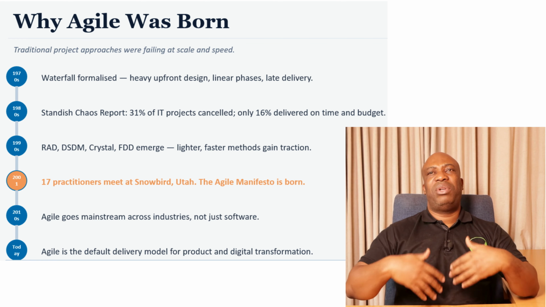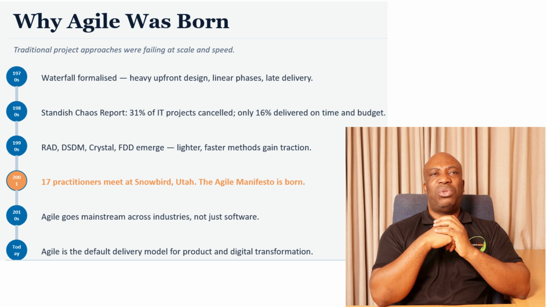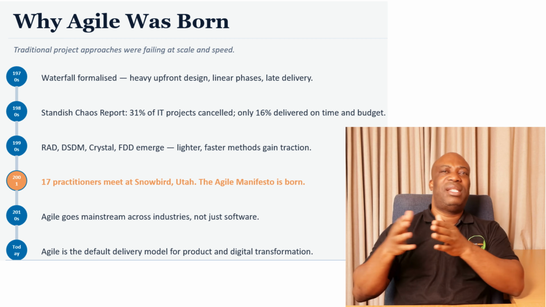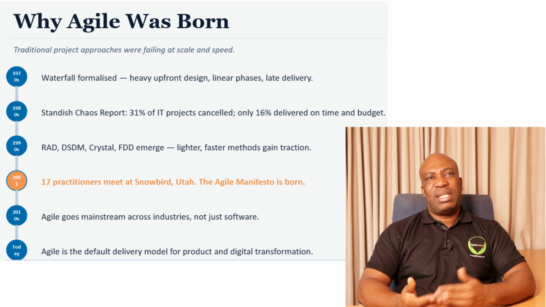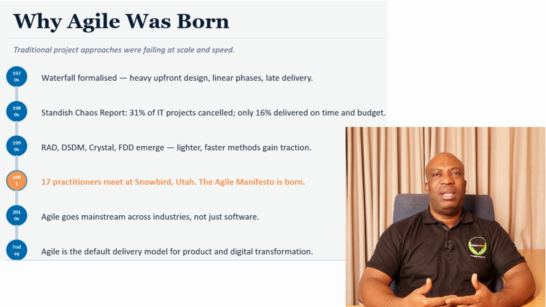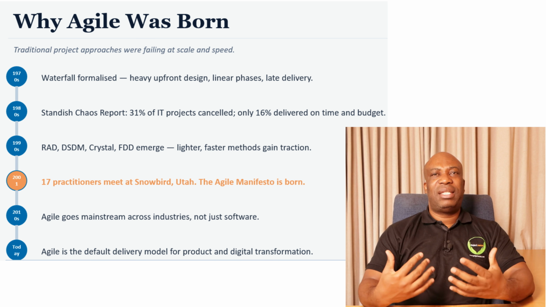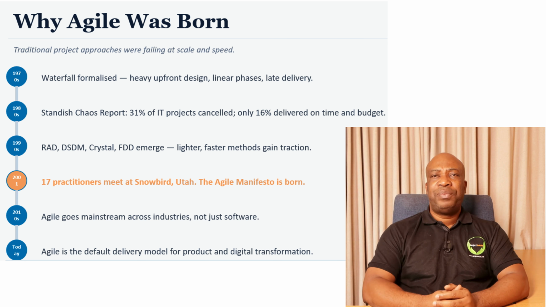But as you go through the project, you find customer requirements evolve, and also in most predictive environments, you execute the project and you only see the benefits or the results right at the end. So it was apparent to have something that can give you results as quickly as possible. Even if you are executing a project that is going to take some years or so, at least within the shortest possible time, you are able to see some results.